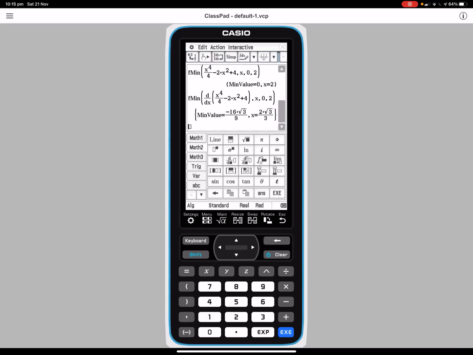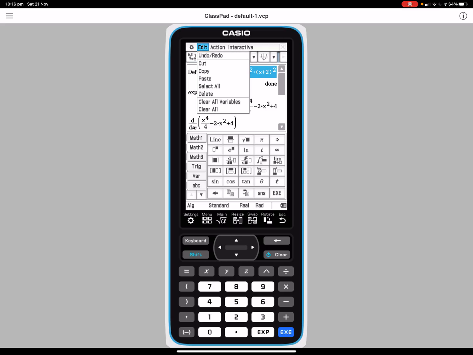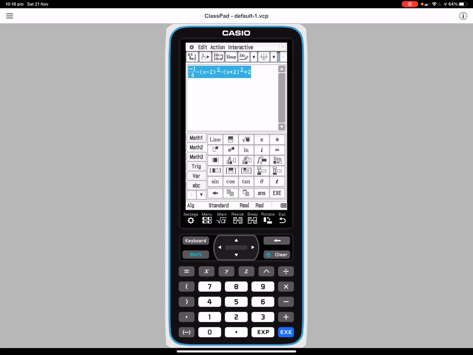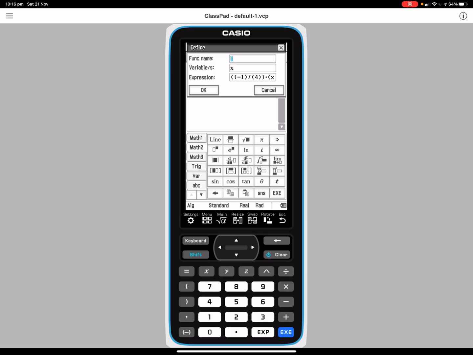So we know this graph, this graph. If I paste it, make it negative, and translate it up 2, I'm going to call it g of x because it's easier.